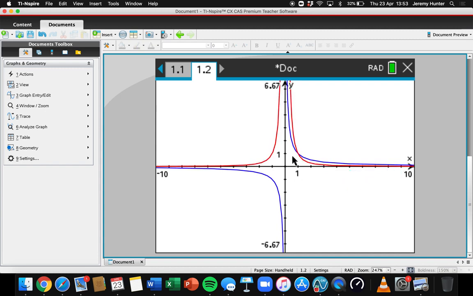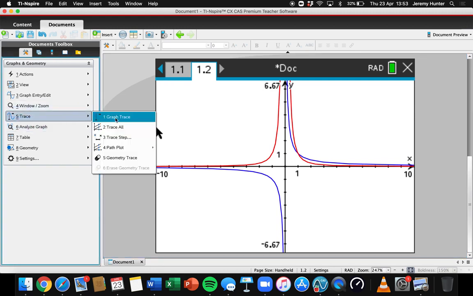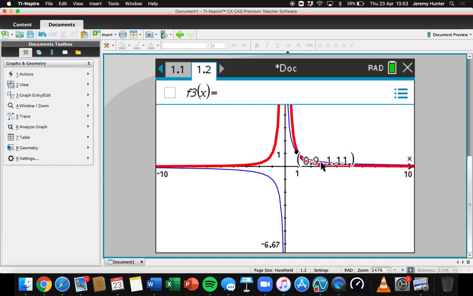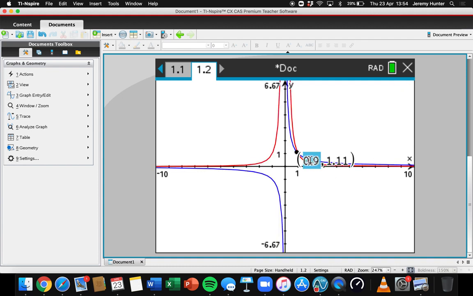You can see here these crossover points. I'm just using a technique that I've shown in previous videos. I'm just putting the point 1, 1 in there.